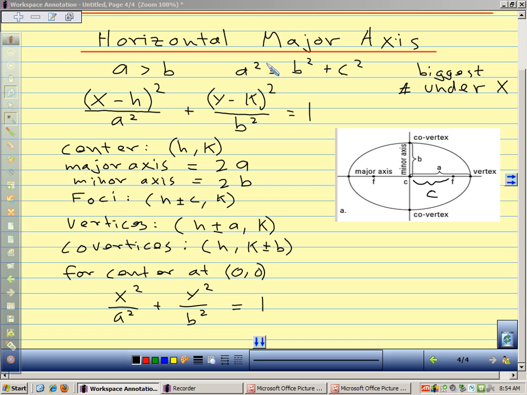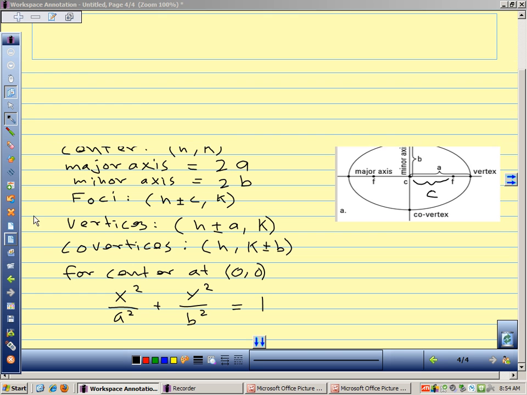And okay, I think I see what you're asking. We think about the parabola or the ellipse in terms of which direction the major axis is. That just helps us visualize, because the major axis tells us how it's stretched. And if we know which direction the major axis is, then we automatically know which direction the minor axis is. All right, so let's do the same thing for a vertical major axis.